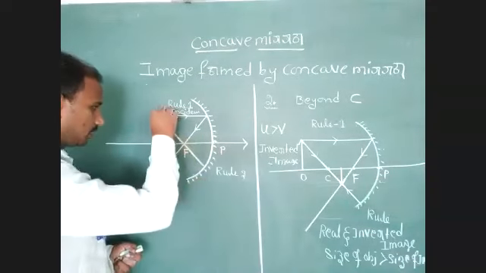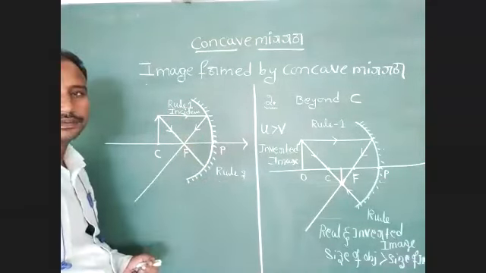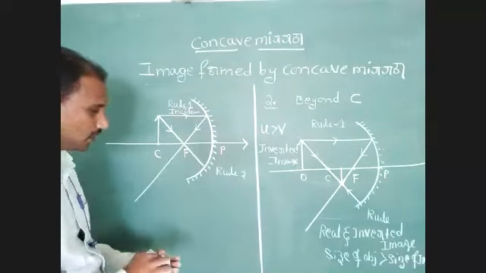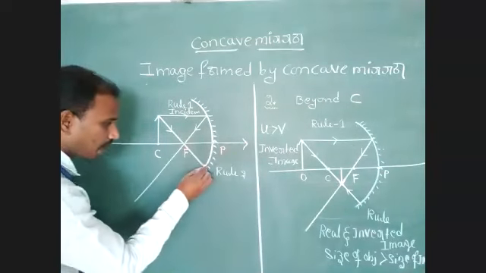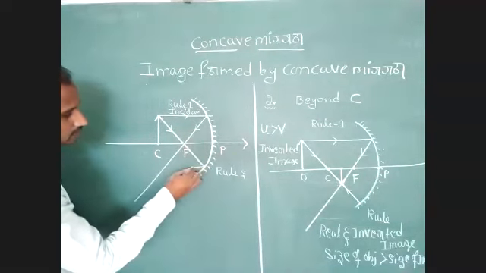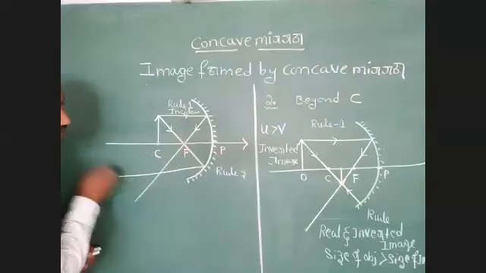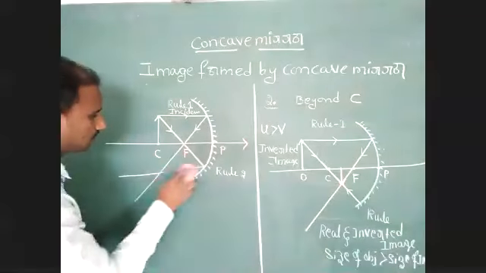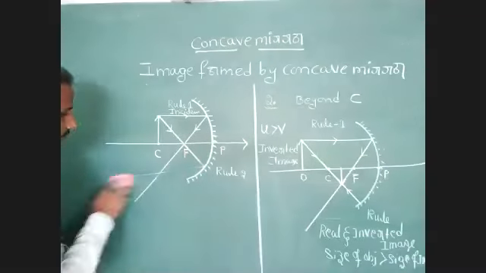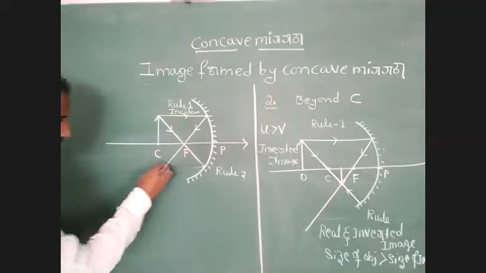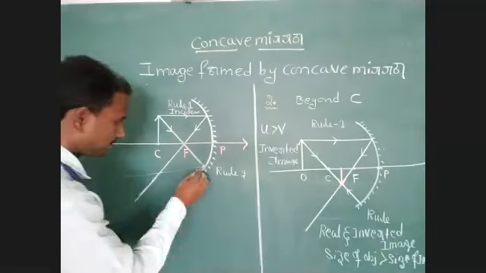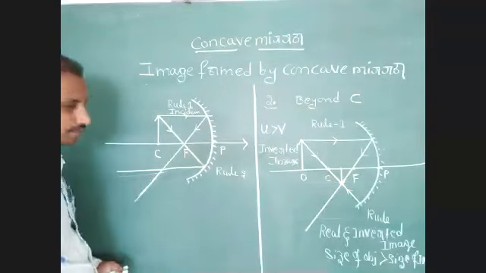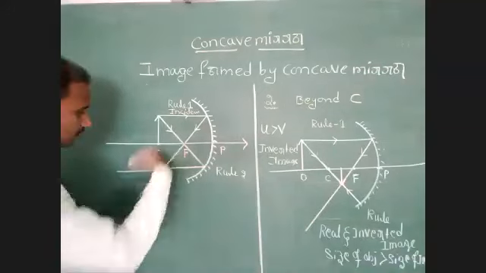Next, rule 2: if a ray of light passes through the principal focus, after reflection the reflected ray is parallel to the principal axis. I have to draw this reflected ray once again.